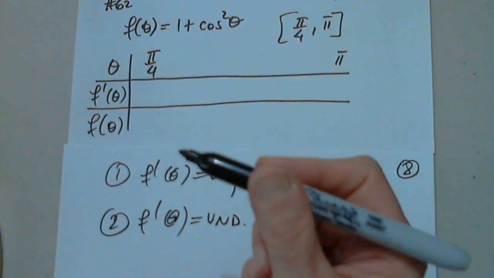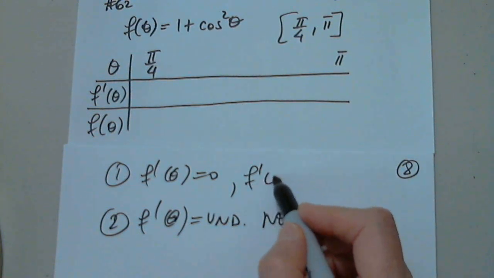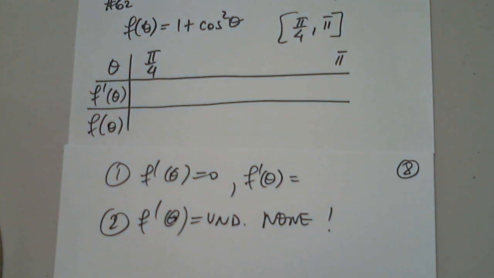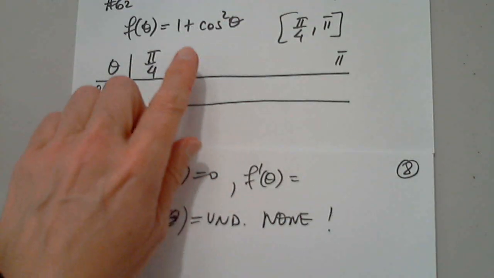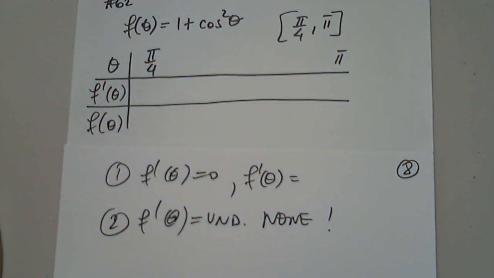Because when we find f prime, can anyone give us f prime of theta? So the function is 1 plus cosine squared. How do we get f prime?